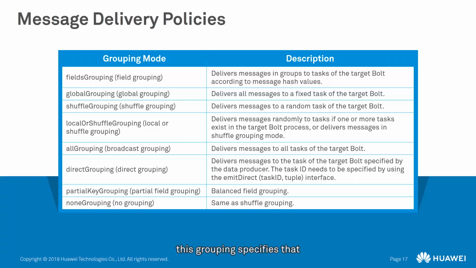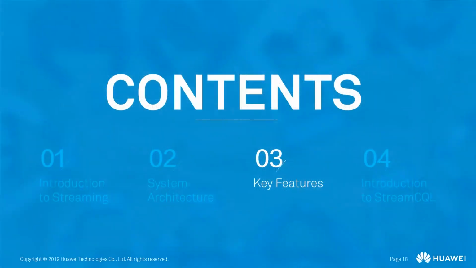For none grouping, this grouping specifies that you don't care about how the stream is grouped. Currently, none groupings are equivalent to shuffle groupings. Eventually, though, streaming will push down bolts with none groupings to execute in the same thread as the bolt or spout they subscribe from. Then let me introduce some key features of streaming.